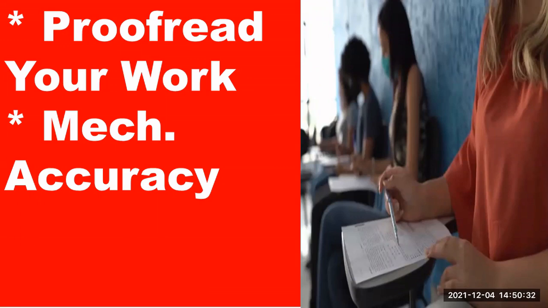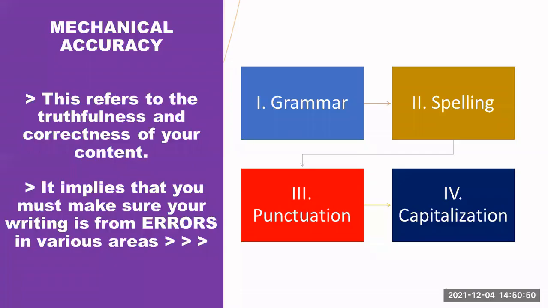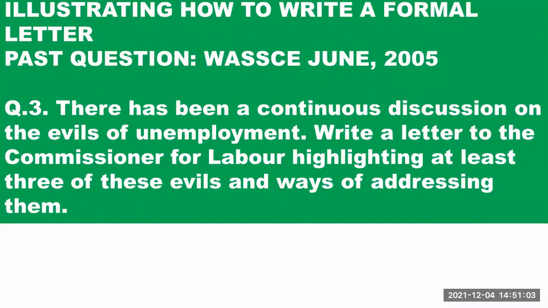Once you make a mistake, the examiner will draw a circle around that mistake, and that means you have lost half a mark. So you need to cross-check your work and correct any mistakes to avoid losing marks. Your mechanical accuracy refers to the correctness of your content in terms of grammar, spelling, punctuation, and capitalization. So you need to cross-check your work.